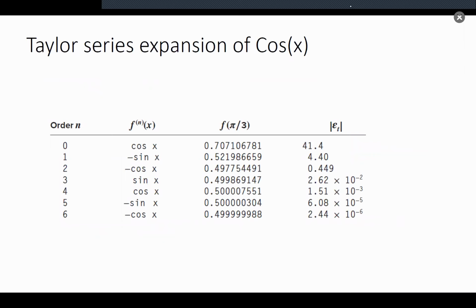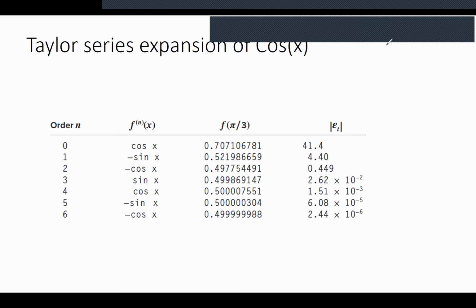So let's see all together. Here you can see the values of the function. For order 0, we have already determined that it was 0.707, and the error was more than 40%.